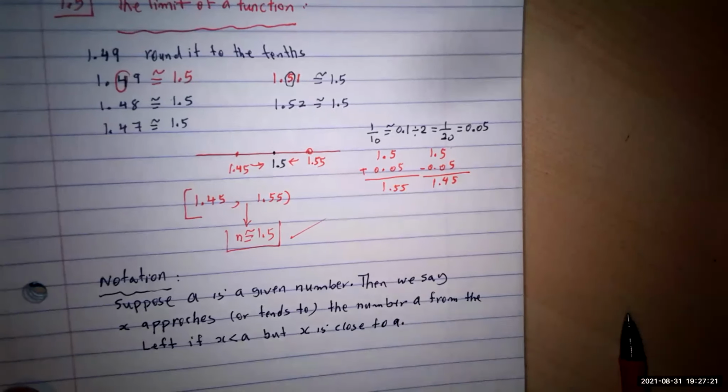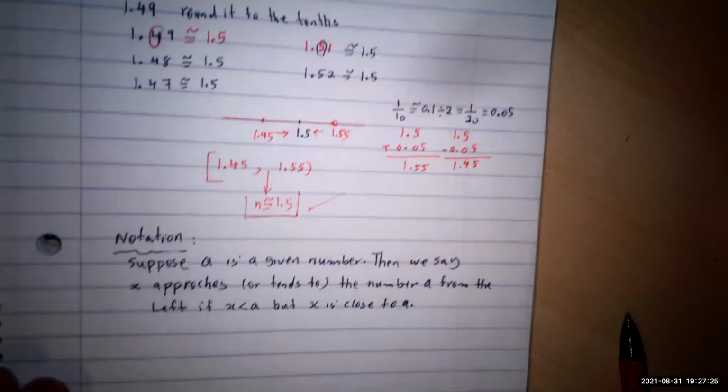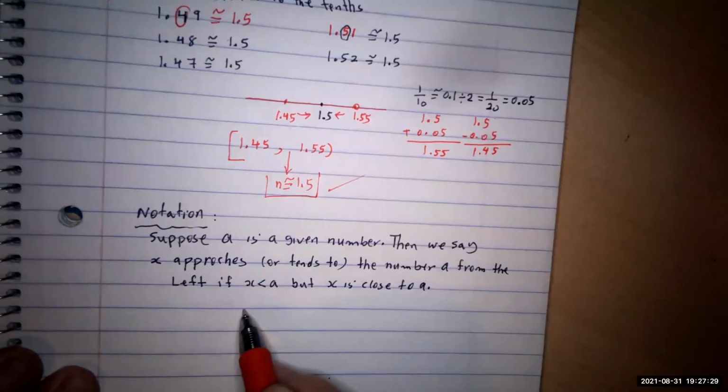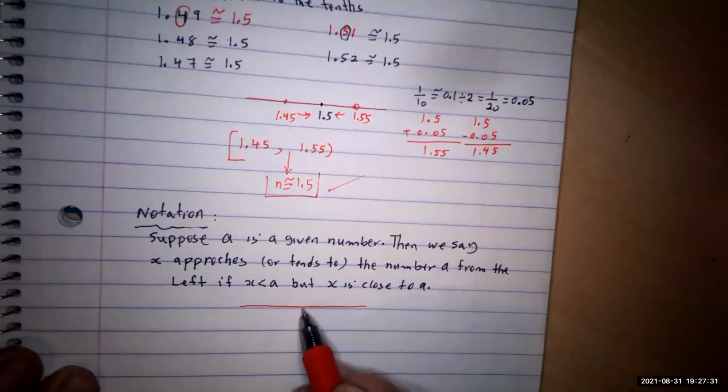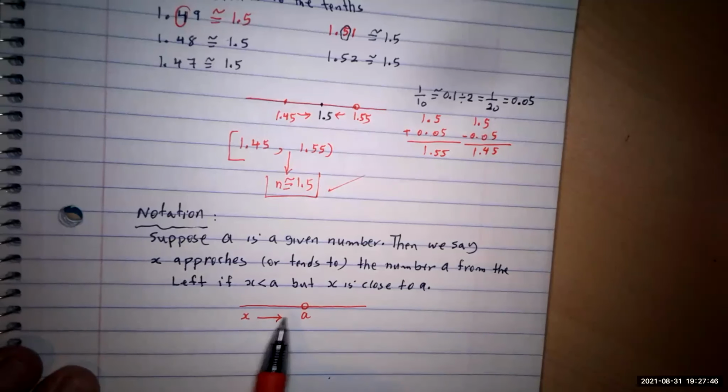So this means x can take any values. This is the number line, and this is a. If you're coming from this side, you're taking any value. This is going to be your x, getting closer and closer to a from the left.